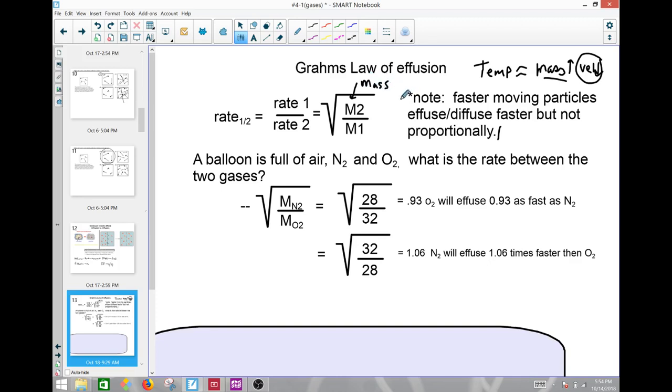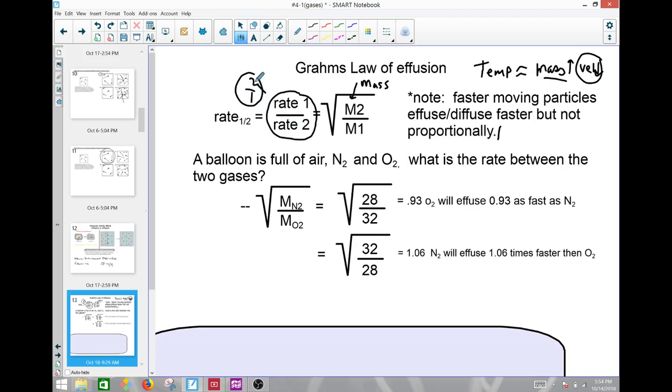What we typically do is combine this fraction into a single number. For example, let's say that gas 1 effuses twice as fast as gas 2. That would be 2 over 1, and we just combine these two together.